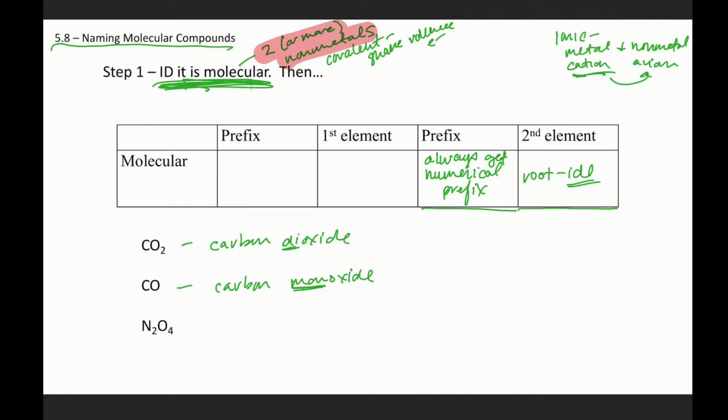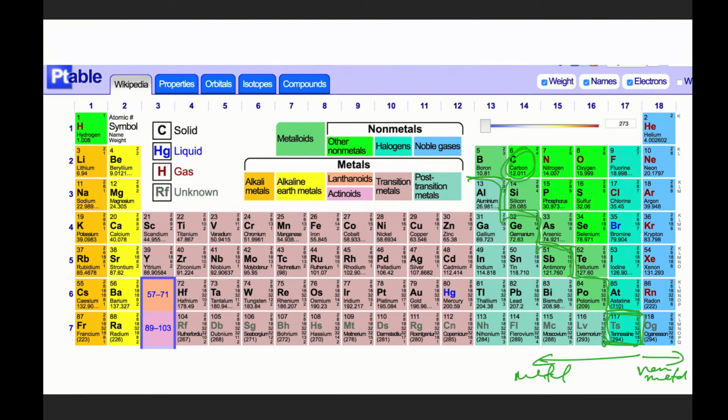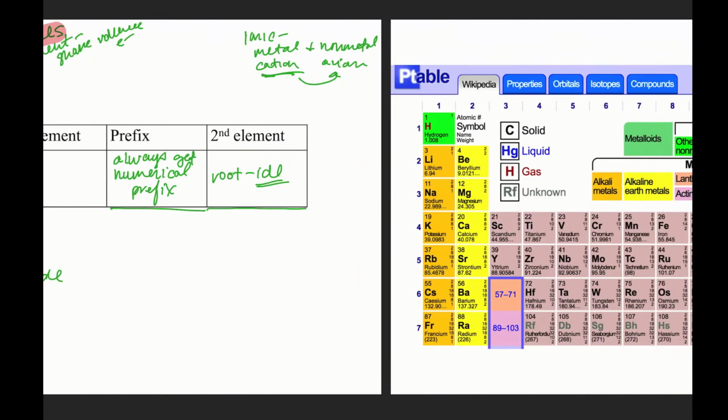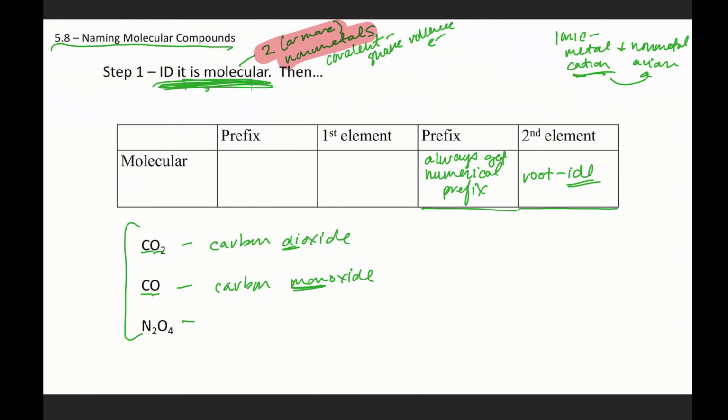Because this ending, which we said was for binary compounds when we did ionic compounds, still persists. These are still all binary compounds, so they still end with ide. So we just need to pay attention to what it's made of. Now we have carbon and oxygen, and if we look here, carbon, nonmetal, oxygen, nonmetal, so definitely molecular. Here we have nitrogen and oxygen, also nonmetals.